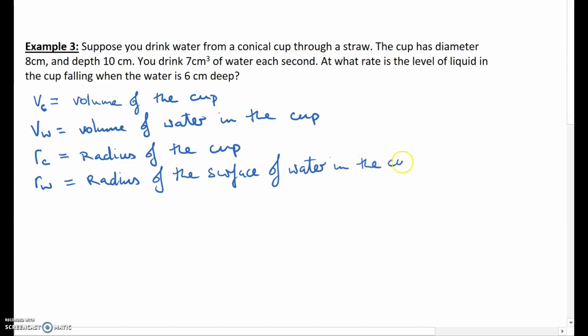Now, some of these variables we may not actually need, but it's a good idea to list them all before we start. Let's say HC is the height of the cup, and HW is the height of water in the cup.